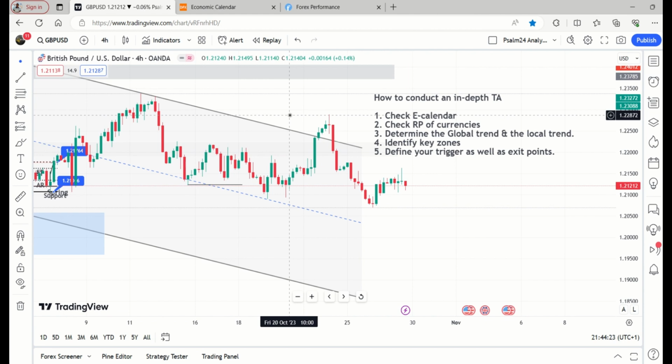This is why it is critically important that you keep abreast of economic events that may impact the currency you are interested in taking. And how do you assess these events? Most traders go to forexfactory.com. There are a lot of websites where you can get this information.